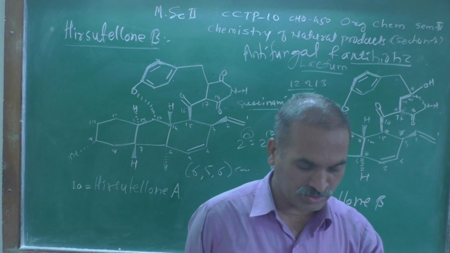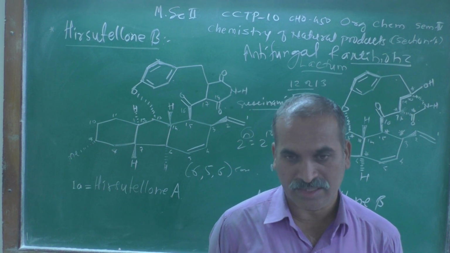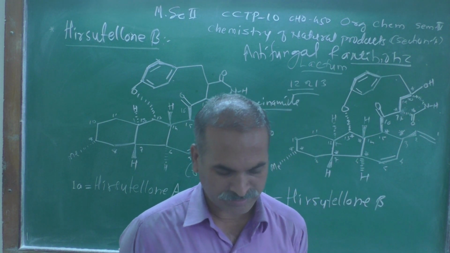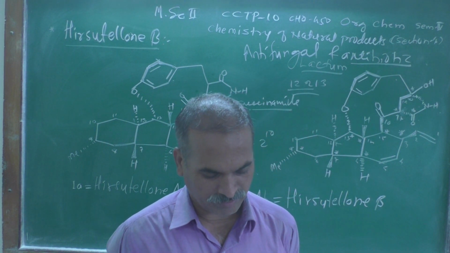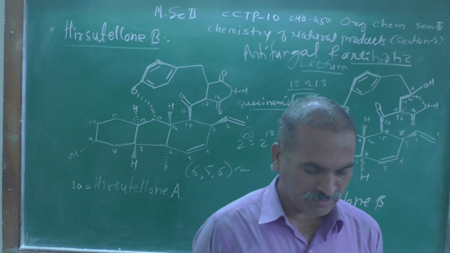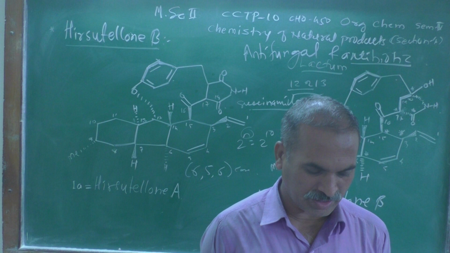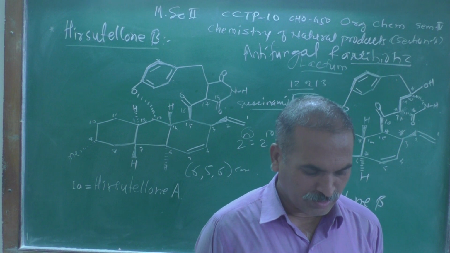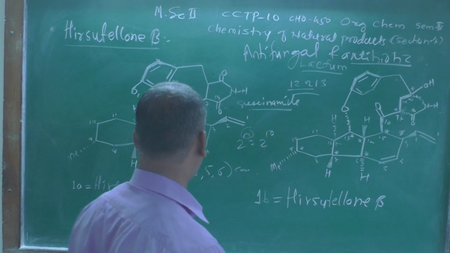These are the two important biological activities exhibited by this molecule, hirsutolone B, and that's why the study of this molecule is very prominent. Particularly impressive are the activities of hirsutolones A and B, Figure 1, which is represented here, against Mycobacterium tuberculosis. It's a very important one.